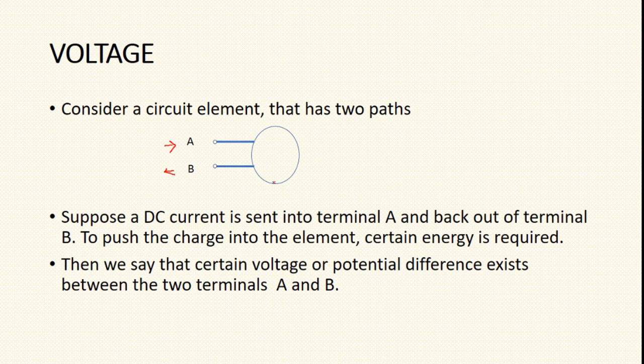This circle represents some element, let it be anything. This element has two terminals, A and B. I'm going to send a DC current through terminal A, and the same current is going to come out of the element through terminal B.